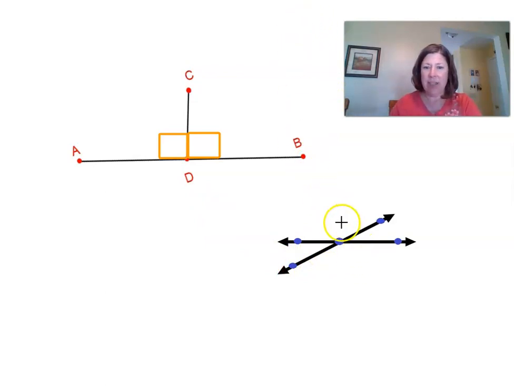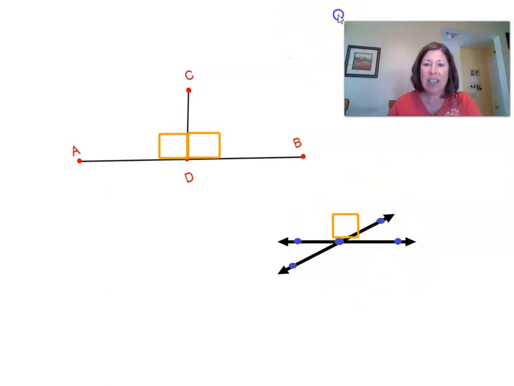Now, when I go over here, I try to make a square here. Well, that's not working. So these two lines are not perpendicular.